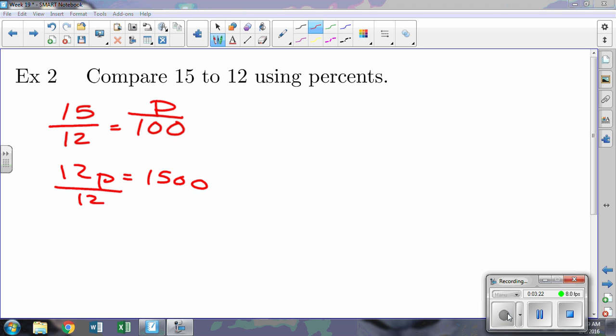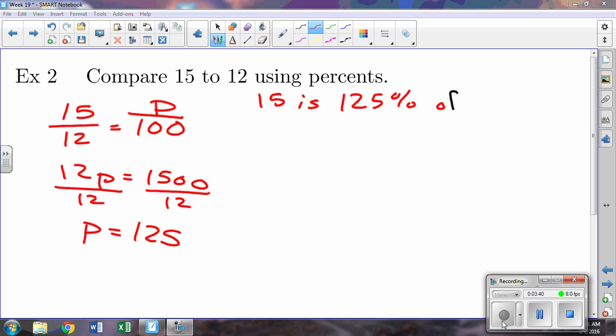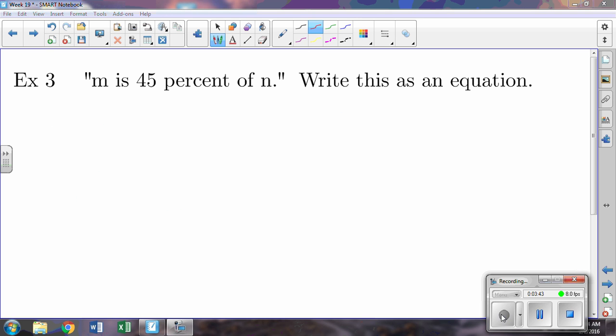And what is 1,500 divided by 12? And so 125, to make that comparison, we could then say 15 is 125% of 12.